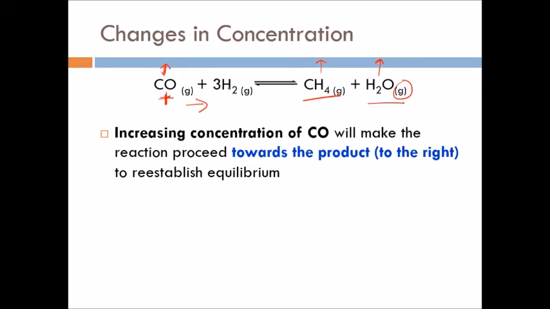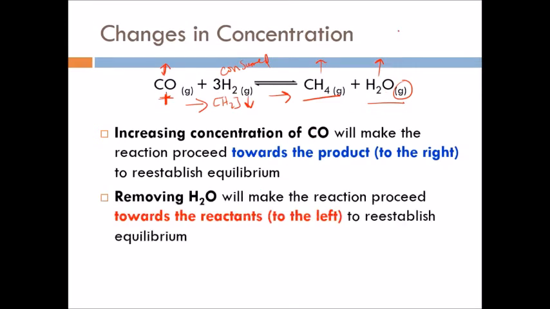What's going to happen to your H2, though? Well, you add in CO, this H2 is going to be consumed since we're pushing it to the right and going to make more product. So the actual concentration of the H2 decreases because you're consuming it to produce more of the methane and the water vapor over here to the right.